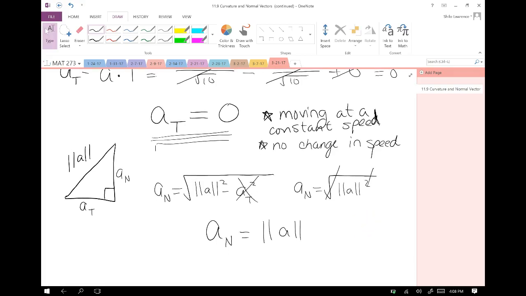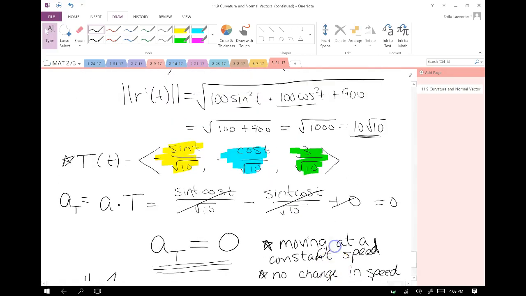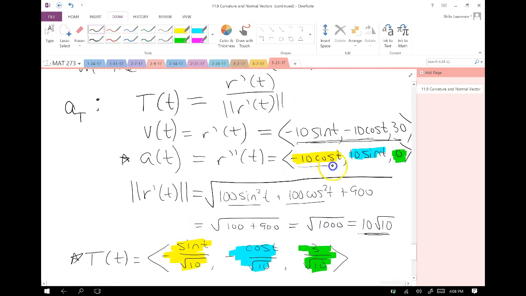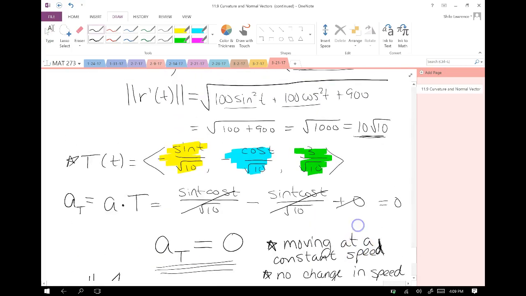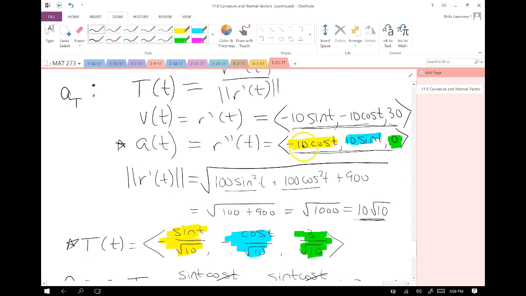So to get the normal component, all we have to do is go back to our acceleration vector and figure out its magnitude. So the magnitude of our acceleration vector is going to be the square root of 100 cosine squared plus 100 sine squared plus 0.